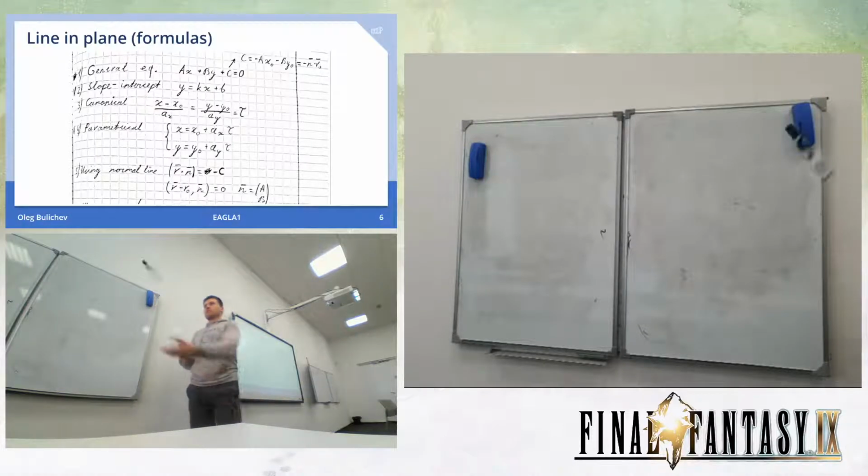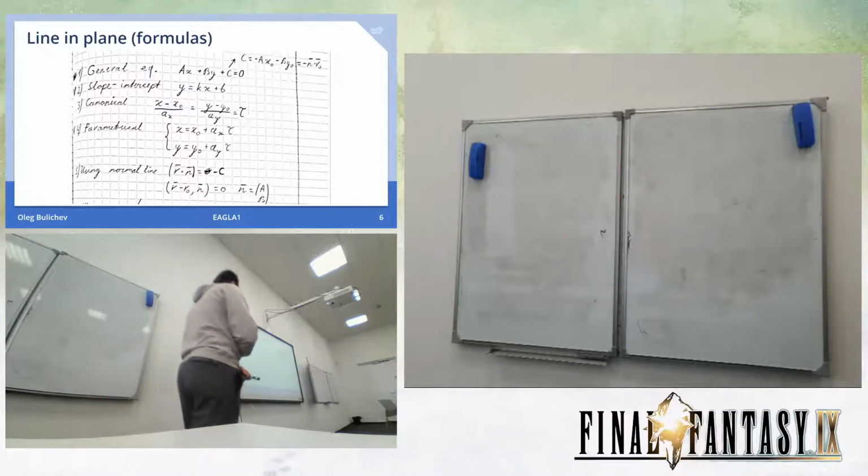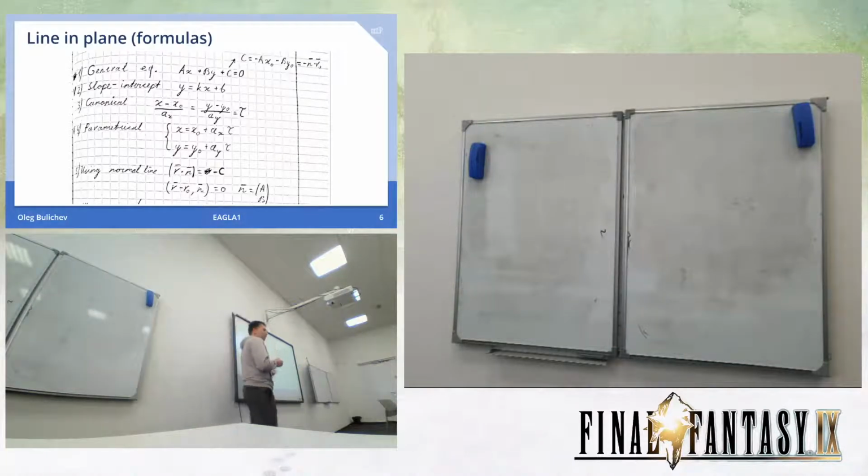Find the perpendicular. The product equals 0. How do you find the perpendicular? Find the vector perpendicular to the line. Actually, we need this form because, for instance, in robotics, when you're working in 3D, it's better.